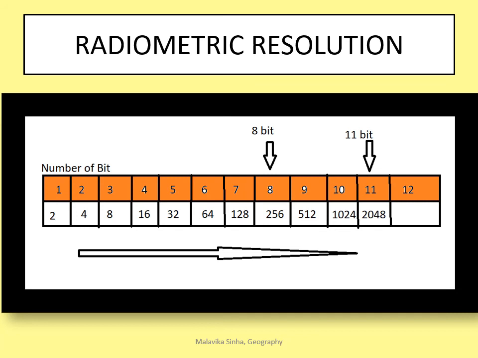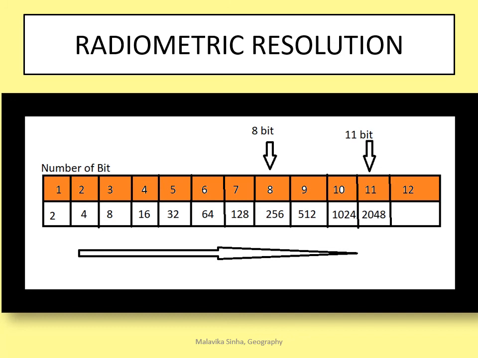So brightness, the variation of day and night, the variation from extreme black to extreme sunshine, is defined by the bit system. Radiometric resolution is the measure of sensitivity within a particular band, on the basis of the recorded electromagnetic energy reflected from the object.